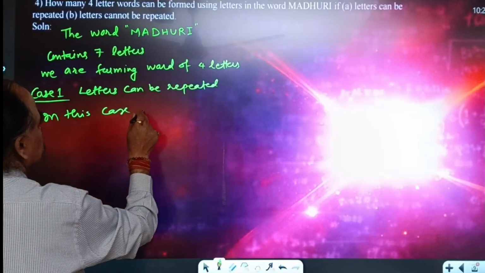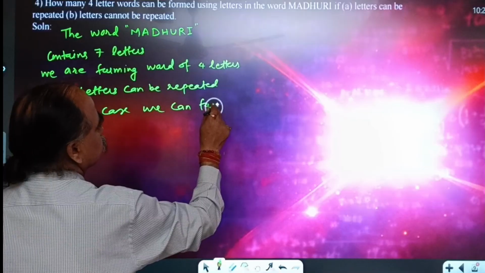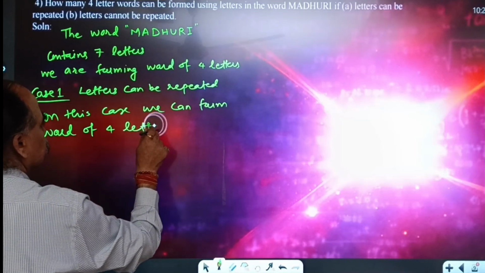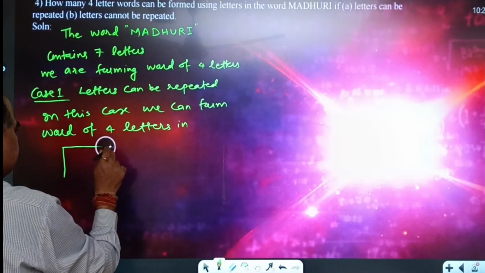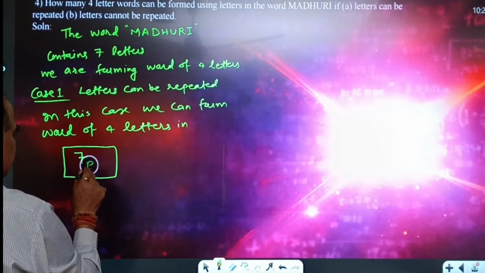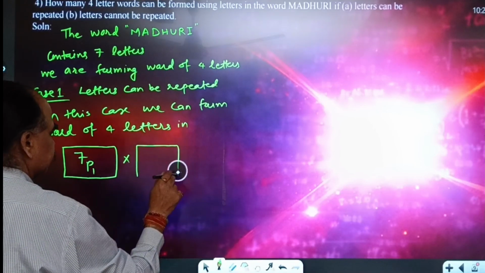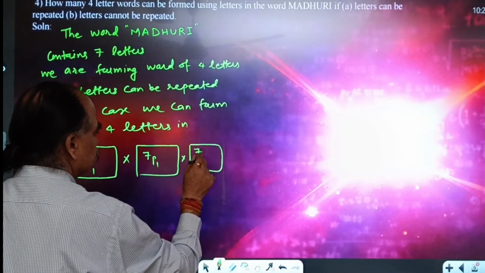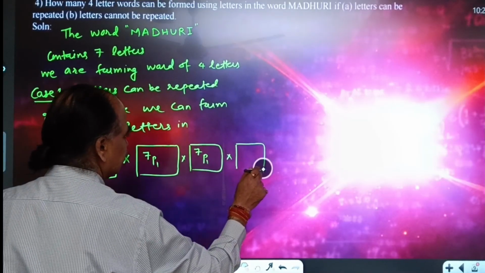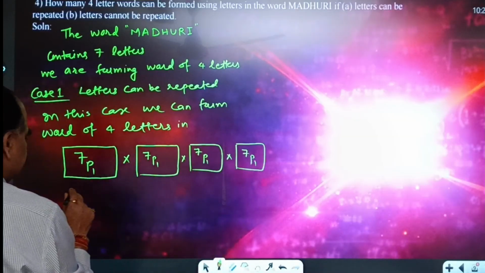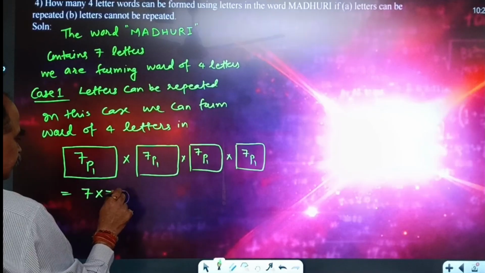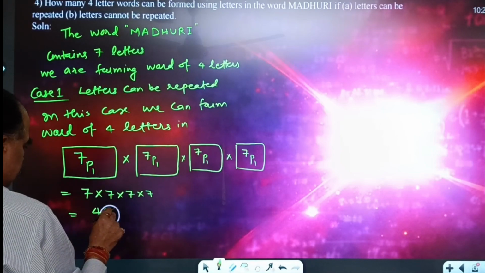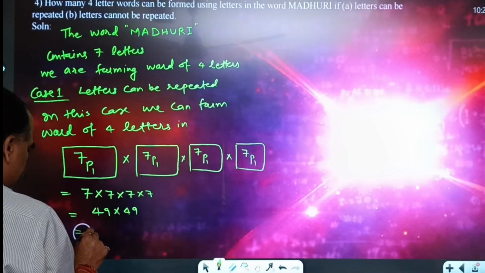In this case, we can form a word of four letters in: the first letter can be arranged in 7P1, and means multiply, the second letter can be arranged in 7P1, the third letter in 7P1, and the fourth letter in 7P1, which is 7 into 7 into 7 into 7. 49 into 49, 2401.